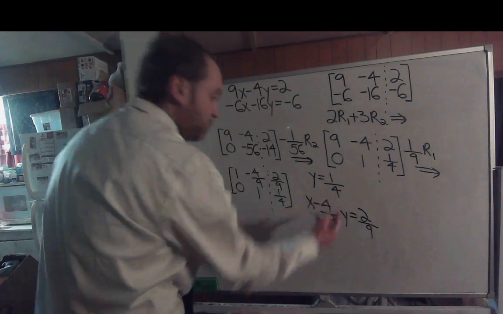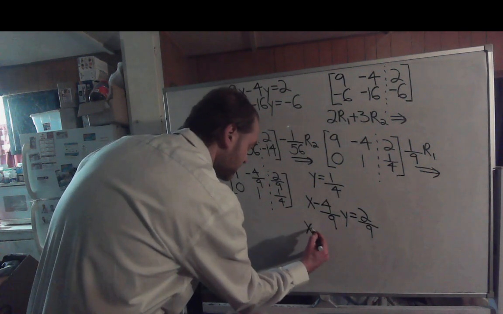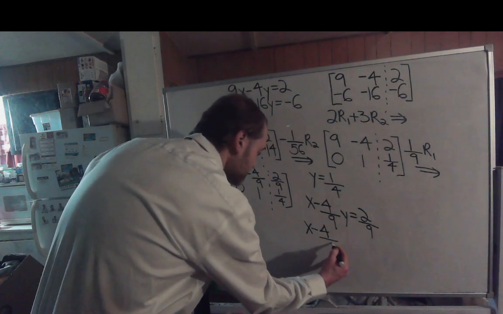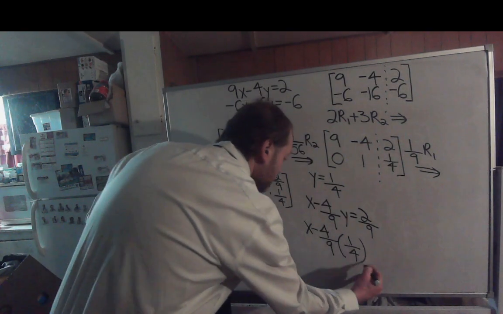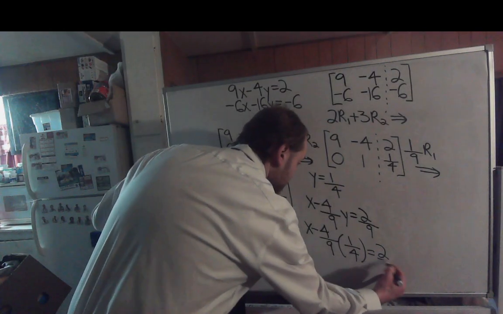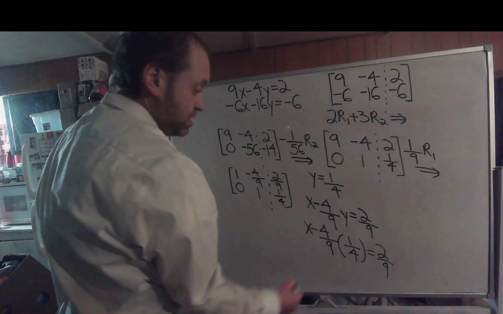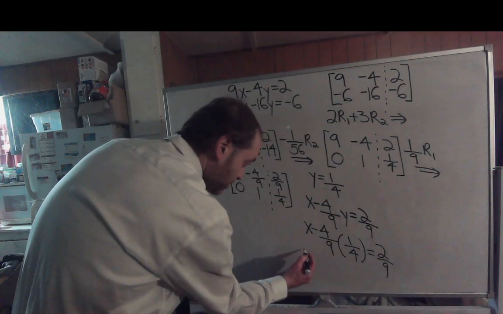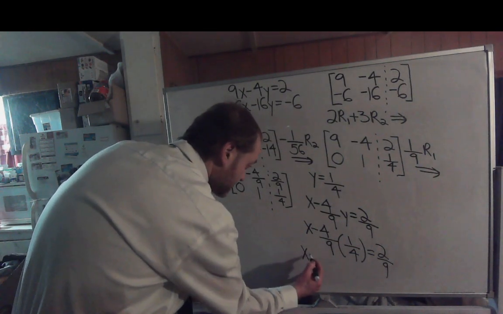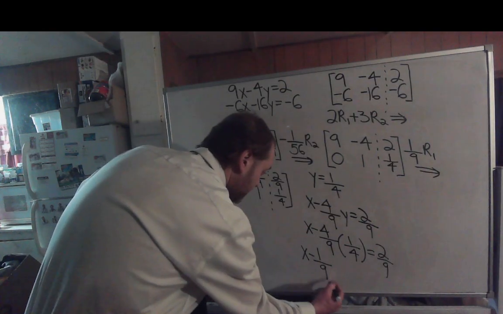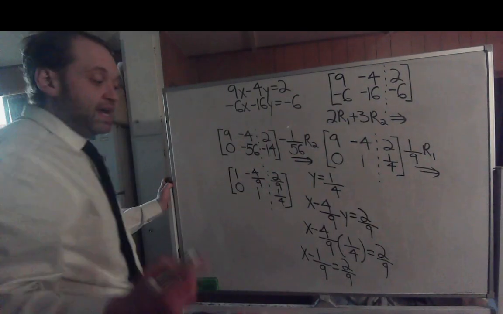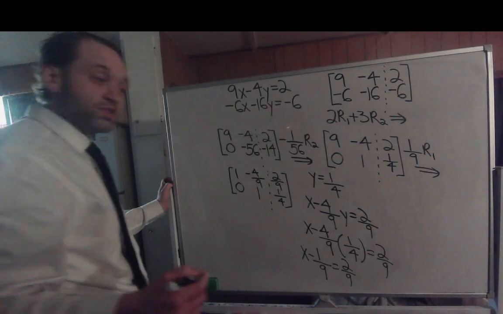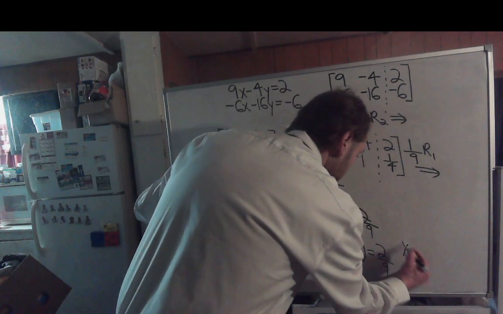So we'll stick that 1/4 in for y. That gives you x minus 4/9 times 1/4 equals 2/9. This would actually turn into x minus 1/9 equals 2/9, which means that x equals 3/9, which really means that x equals 1/3.